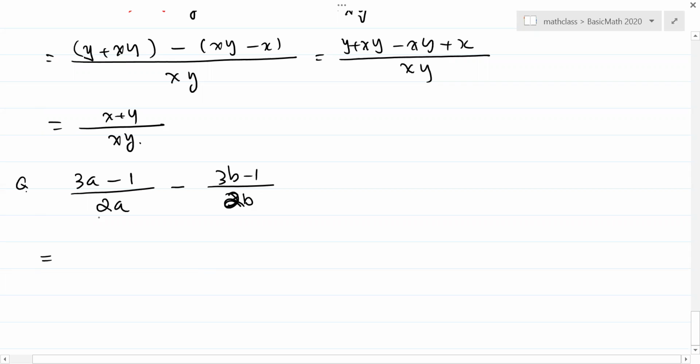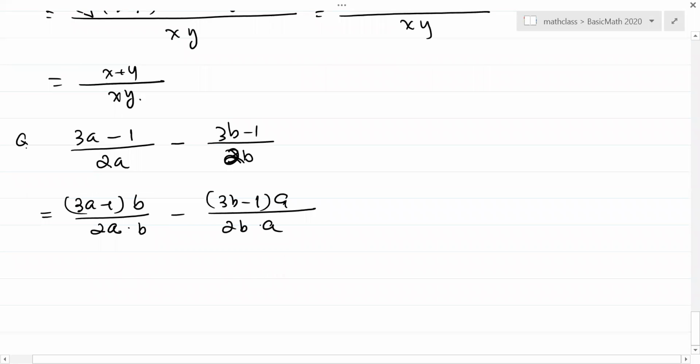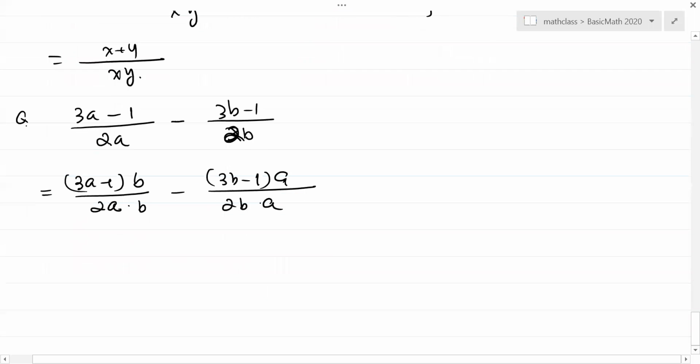So I have a 2b, and 2a I need to multiply by b, right? And here I need to multiply by a. Then I have 2ab in the denominator. We have a common denominator, right? 2ab, 2ba.